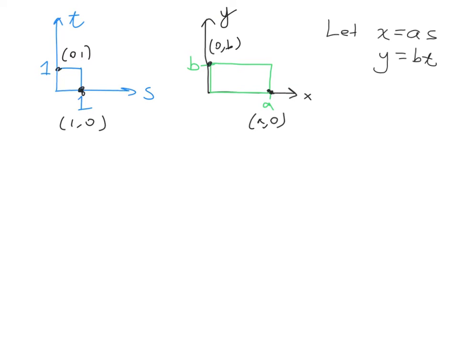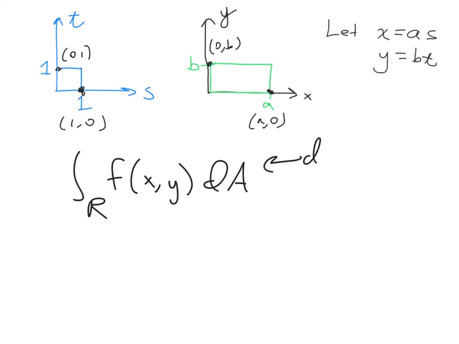What if we wanted to set up an integral over the rectangular region in the xy plane of a function f of x, y, dA, where we're thinking of dA as dx dy, but instead we want to write this using our s and t coordinates.